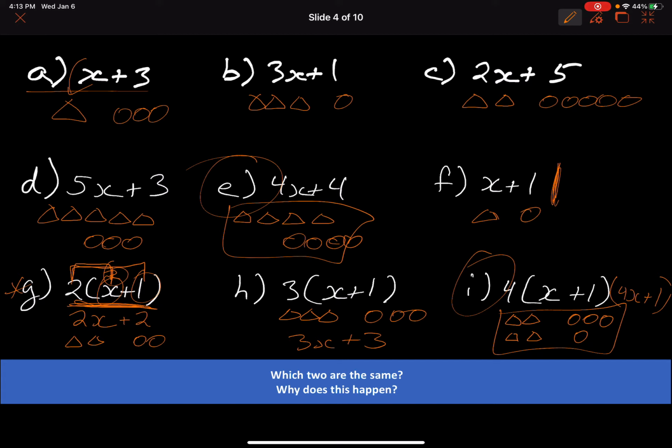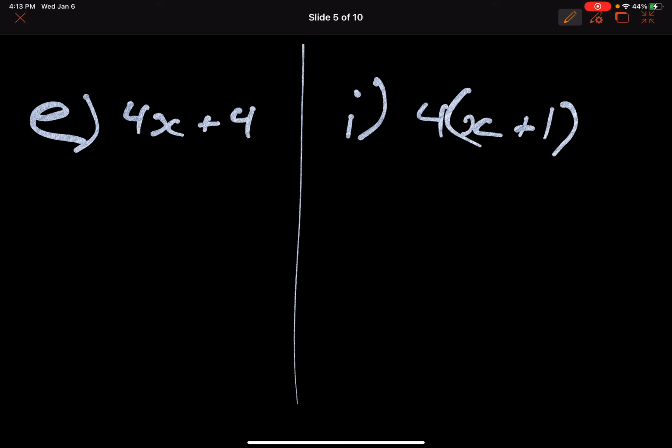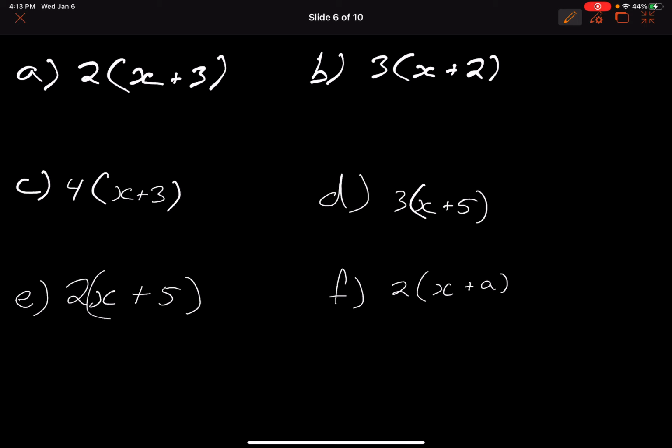The reason this is the same is because in both cases there are 4 of each shape, because when we use the distributive property and move inside, it ends up with the same equation. Oh, I didn't put the 4 there.